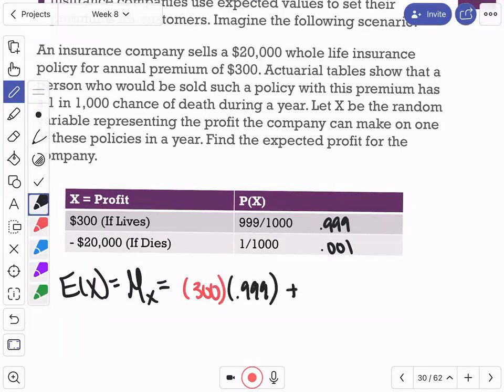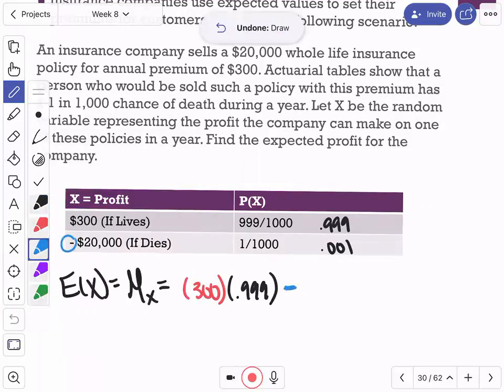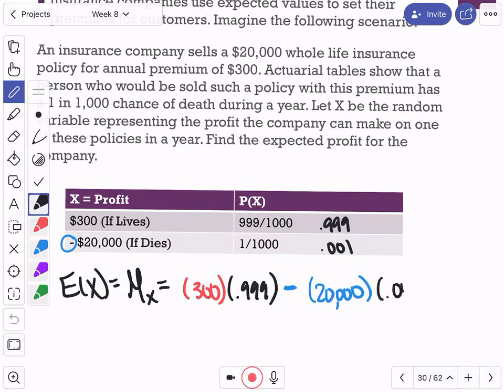And we're not going to add, we're actually going to subtract, because you have a minus sitting here. So we're going to minus 20,000 times 0.001.